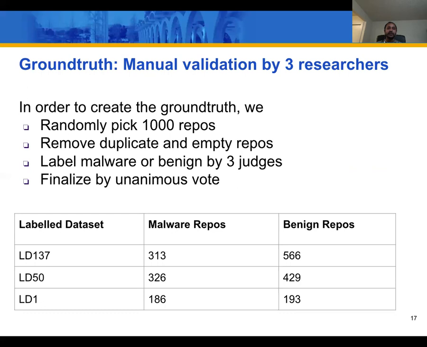We kept only those repositories that were unanimously voted as malware or benign. Following this step, we created 3 labeled datasets, LD137, LD50, and LD1, with fairly balanced malware and benign repositories.